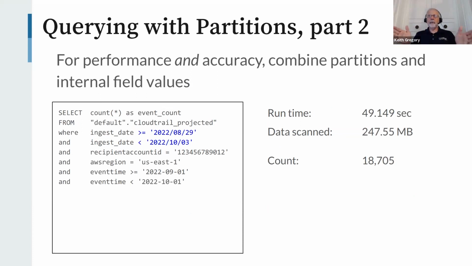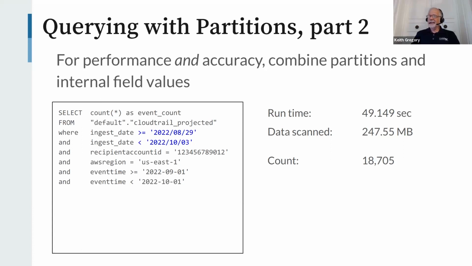I've given a much wider band than I need. I want to capture a couple days on either side. But then I dig into those files to retrieve the region and the event time and the actual account ID. Now, I could have added more predicates. I could have, for example, put a predicate on region, the region partition.